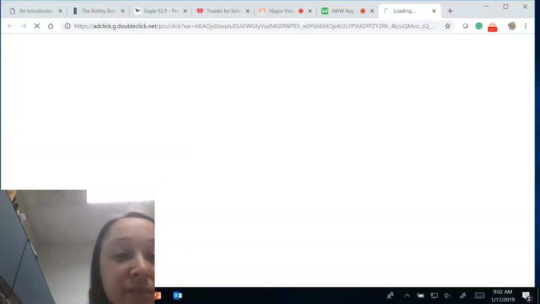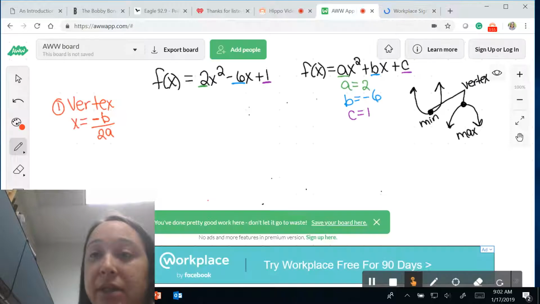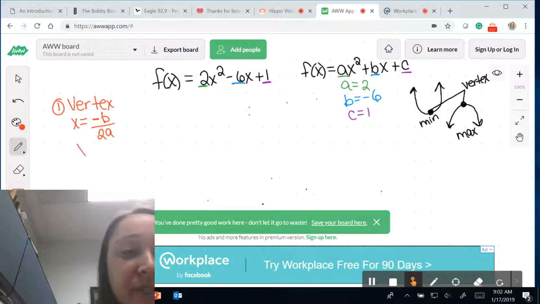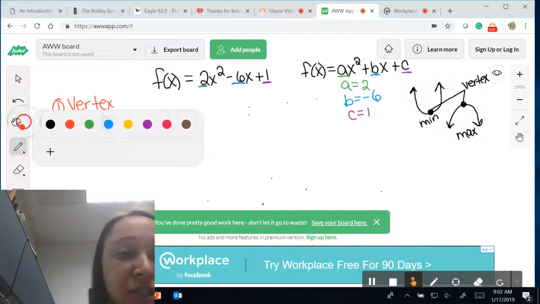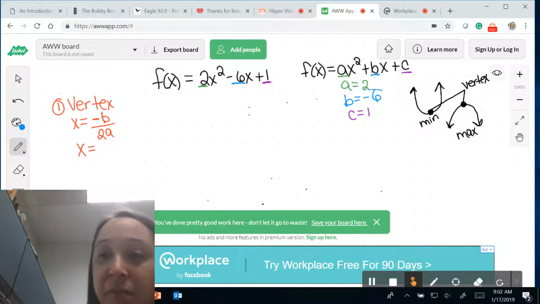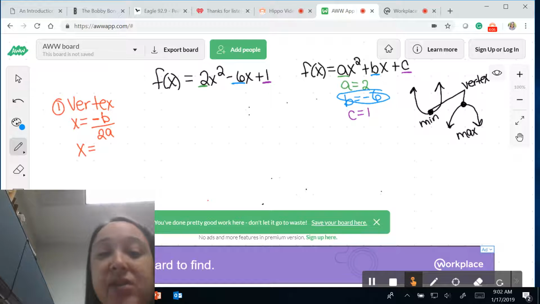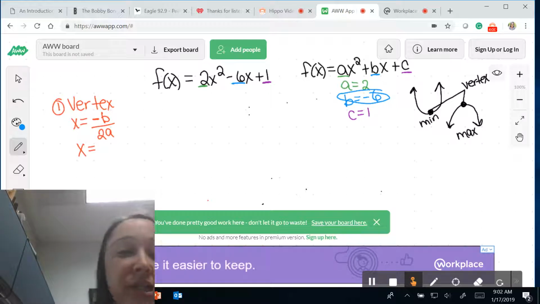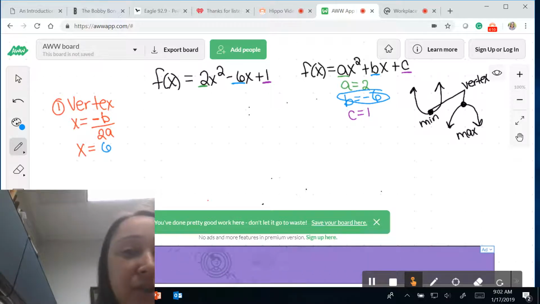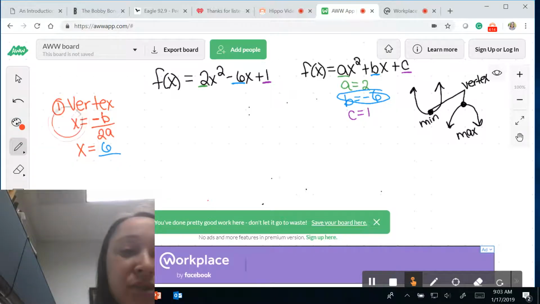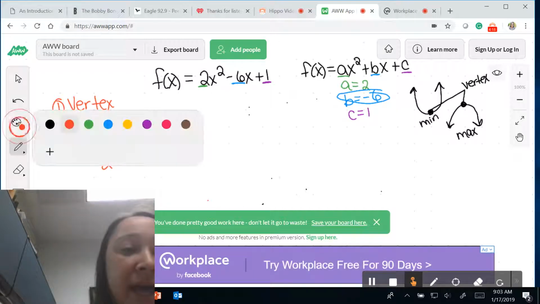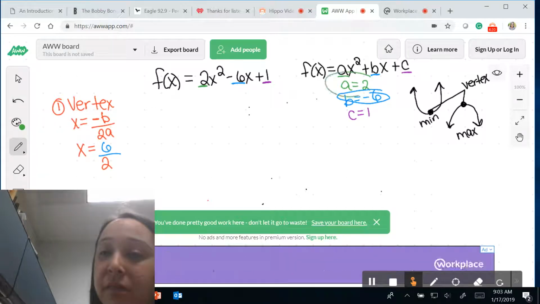So my vertex is found by taking our b, which here is -6. The opposite of -6 is actually going to be +6, divided by 2 times a.